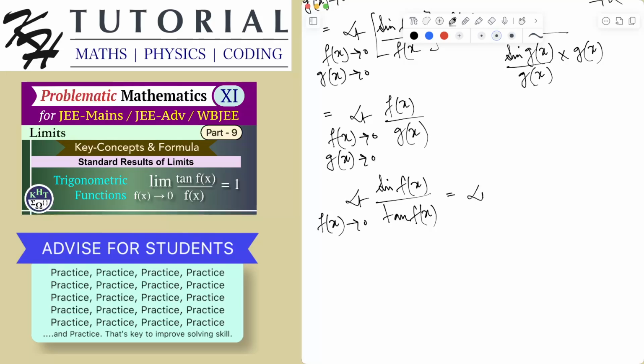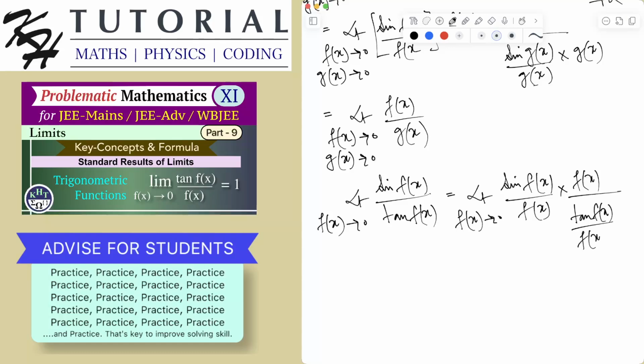This is equal to limit f(x) tending to 0. Again, I will create the sin f(x) by f(x). I will adjust f(x). Again, with tan f(x), I will create f(x), and I will adjust f(x).